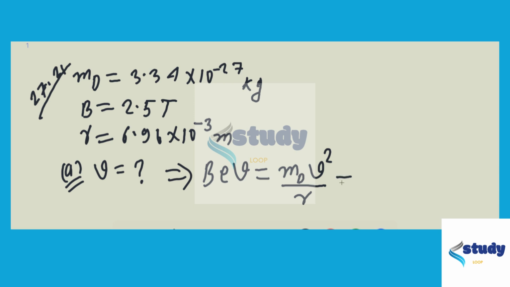So if you cancel out this V here, you will get V equals BeR over m_d.